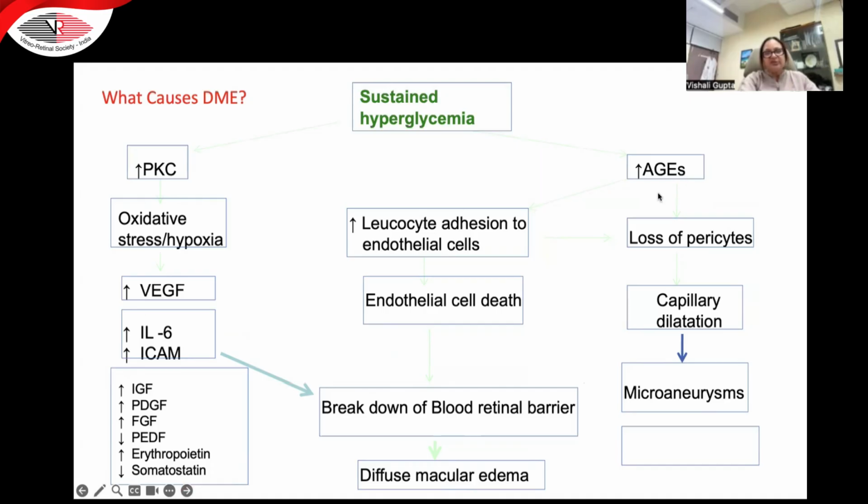It causes an increase in advanced glycation products, loss of pericytes, capillary dilation, and microaneurysms, which results in the development of edema. So there are different angles we can manage. We can treat microaneurysms with focal or grid laser, or we can treat VEGF with anti-VEGF and these mediators with steroids.